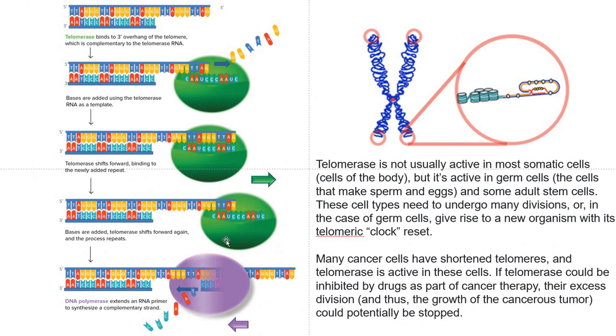So once the telomerase starts adding those sequences, the polymerase comes in and extends that portion where the RNA primer was and puts in the complementary sequence, so it does not lose any of the information in the DNA of the chromosome. Here it also shows in a little better way what that 3' loop looks like.